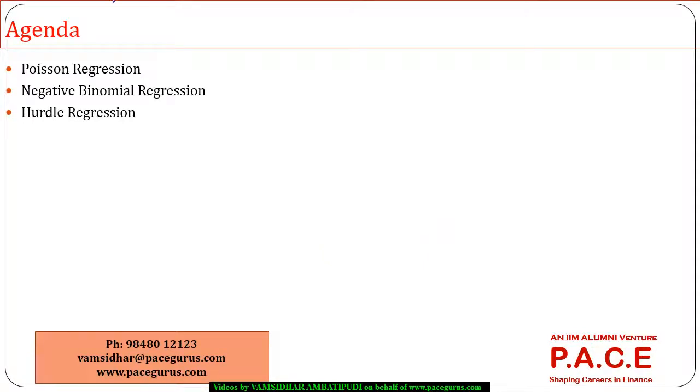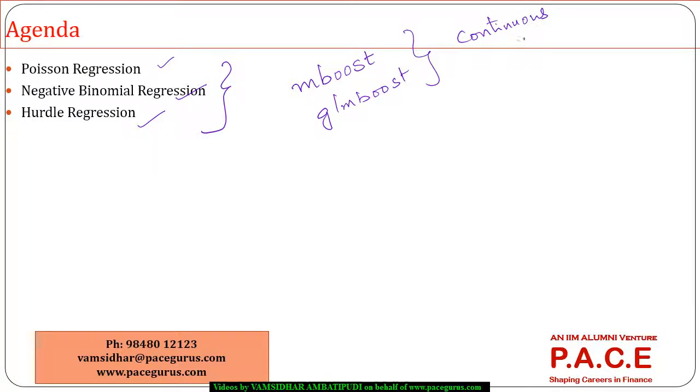In this context, I'm using three different algorithms: the Poisson regression, negative binomial regression, and hurdle regression. All of these are going to use the package mboost and the function glmboost, which we have been using for the continuous variable based regression boosting, as well as the discrete response variable based boosting.